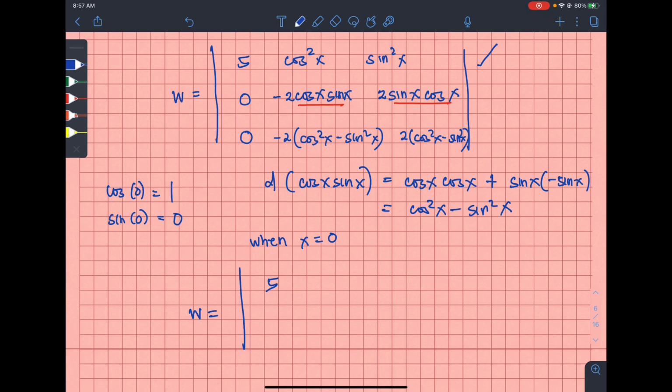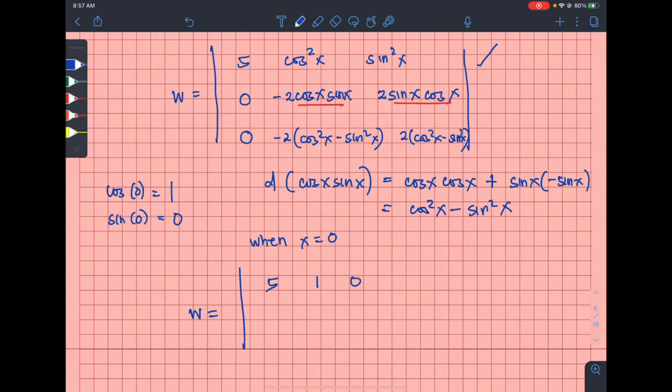So cosine squared of 0 is 1 squared, which is 1. Sine squared 0 is 0.